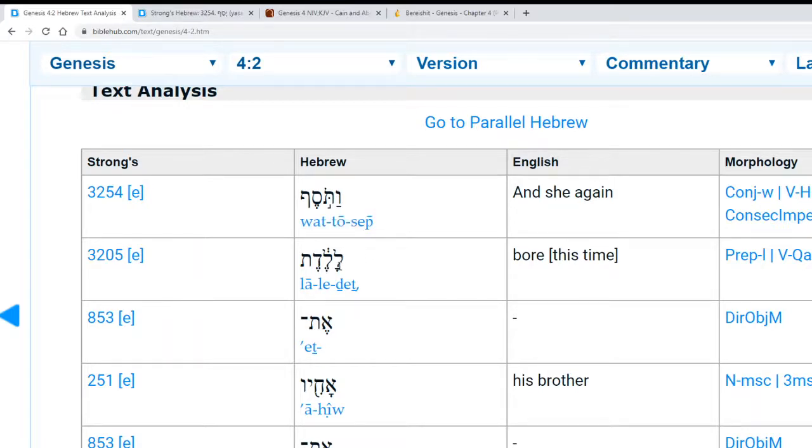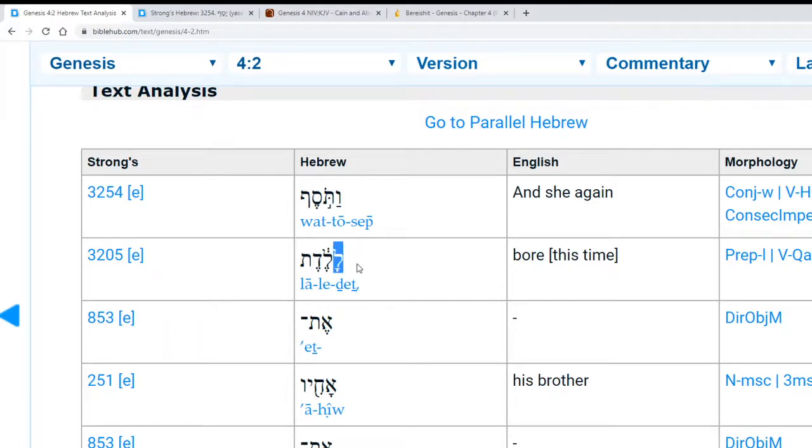Okay, laledet. So she again, or she continued to. I would say she continued to. Right, it's in the imperfect. They're saying consecutive imperfect, Vatosef. So, and she again, or she continued.